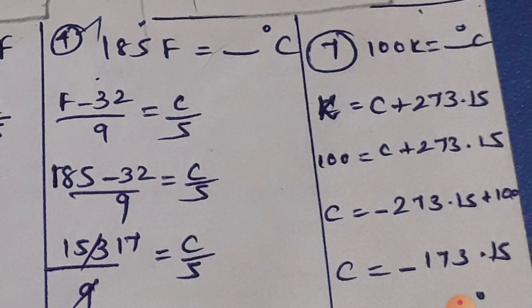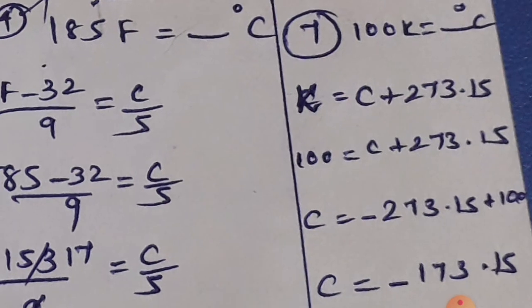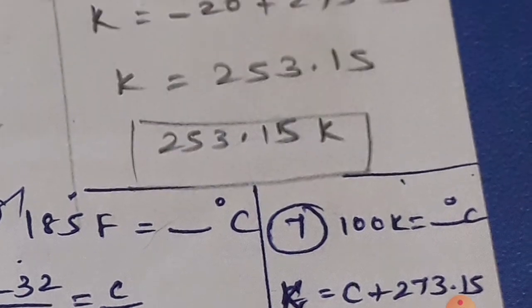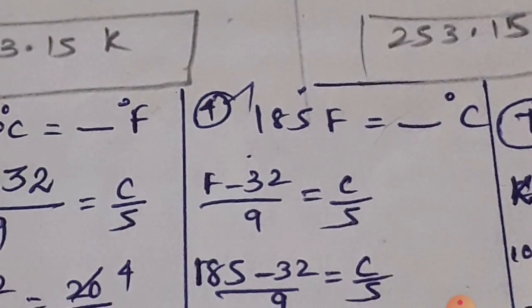So what do you need, children? Celsius scale only. So Celsius is equal to 100 minus 273.15, moving to the other side. How much? Minus. Here which one is the highest value? Minus 273. So minus 173.15. This is your answer, children, finally.